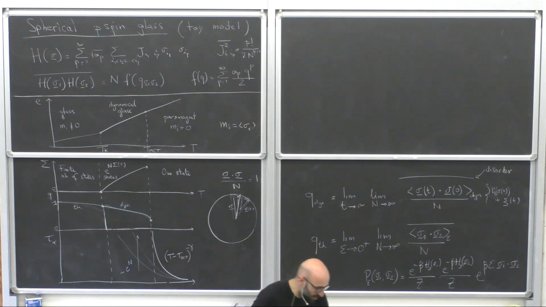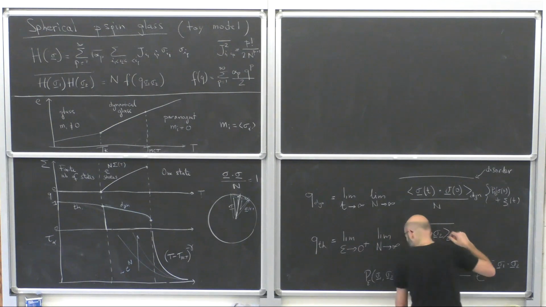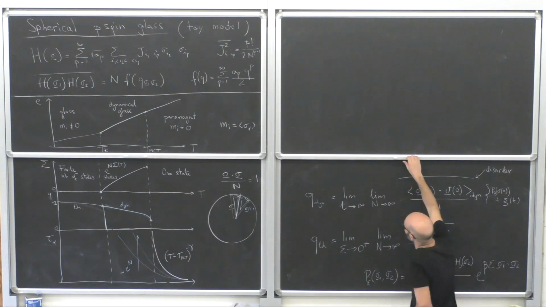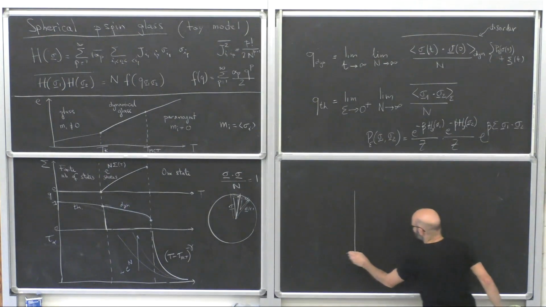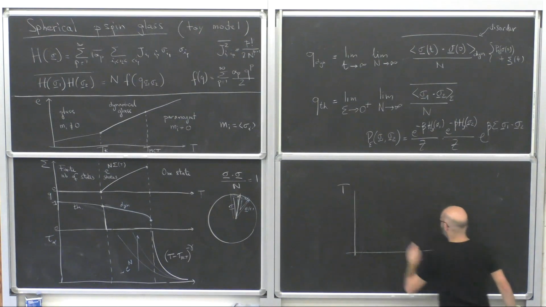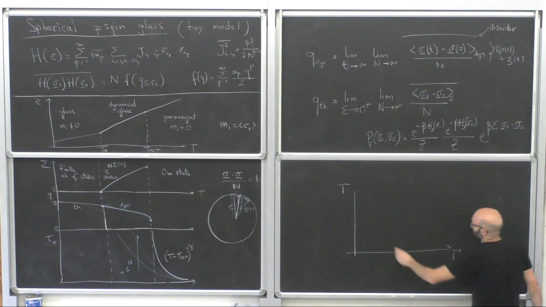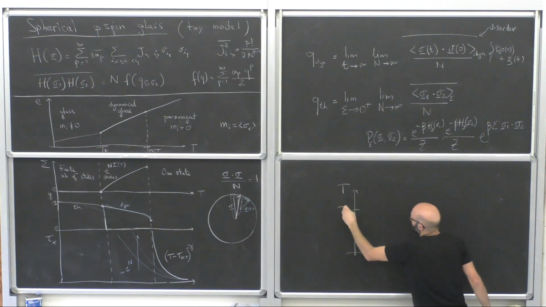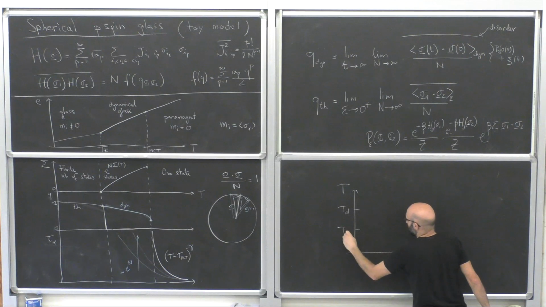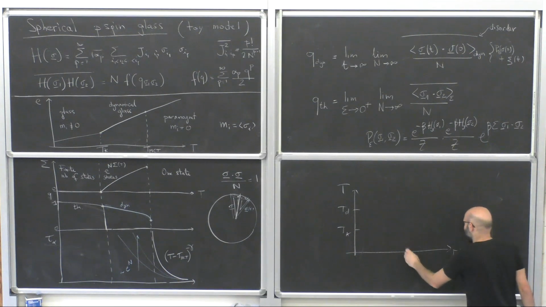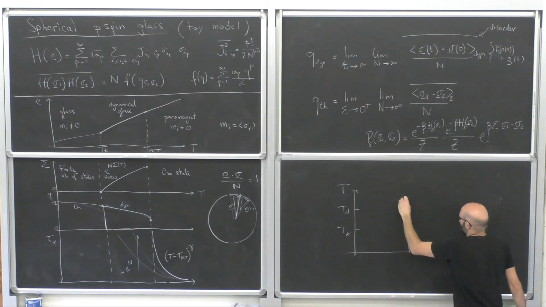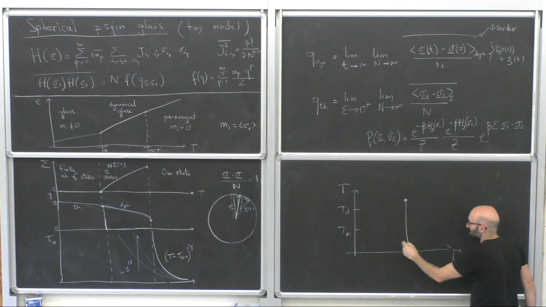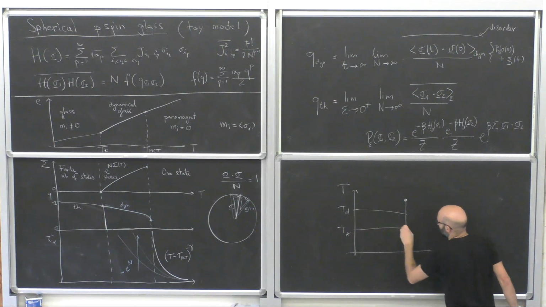There is work by Letizia Cugliandro and co-workers. You can do a phase diagram in temperature and, for example, transverse field. What you get is TD here and TK here. There is a line of first order transitions here. So this is a true first order transition, and then you get something like this.